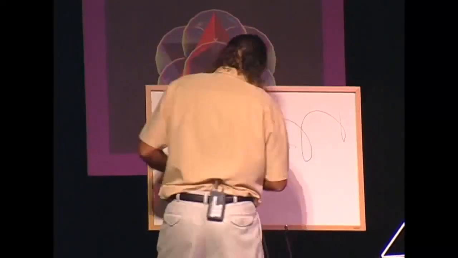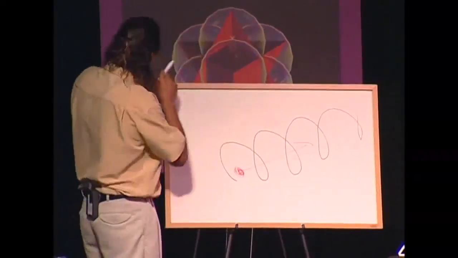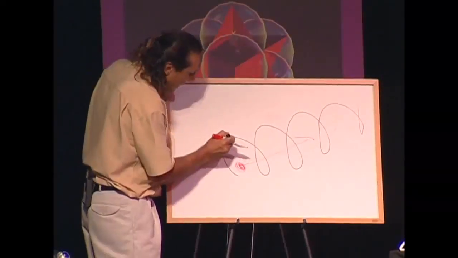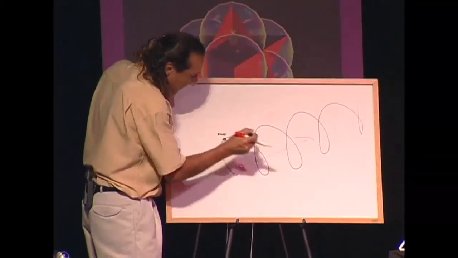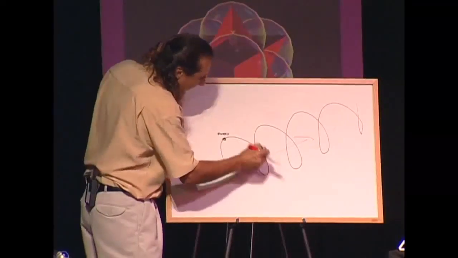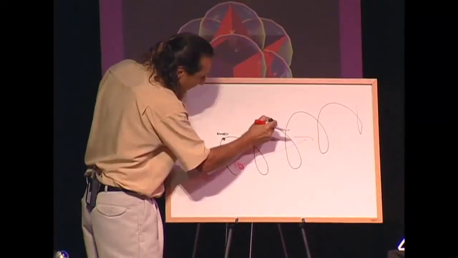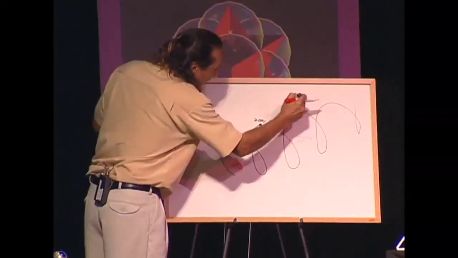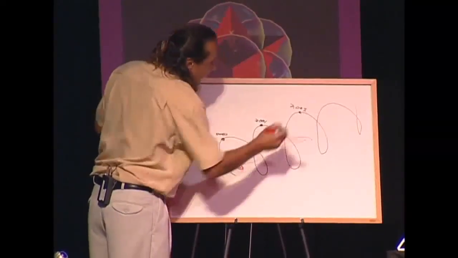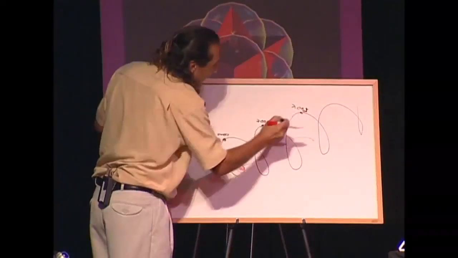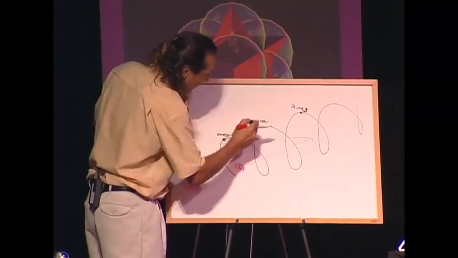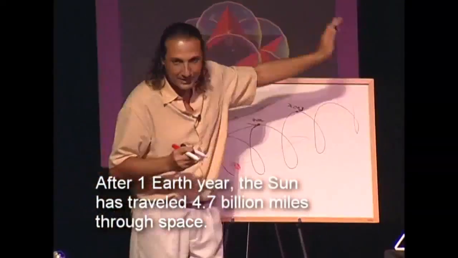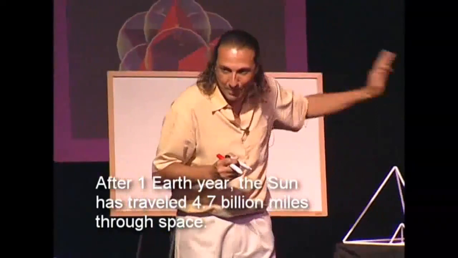And if you look at the Earth on this vortex, you could say that this is 2000, for instance, and this would be then 2001, and then this would be 2002, and this is an extremely long distance apart, millions and millions of miles apart.